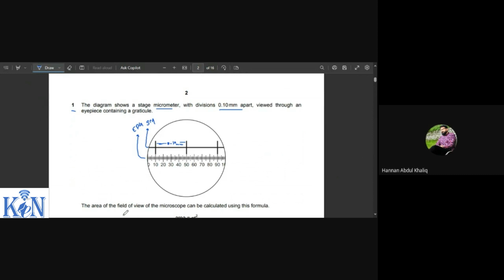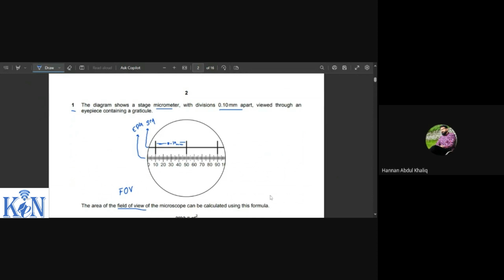But this question is related to field of view, or FOV. We need to focus on FOV, not the size of any particular specimen.